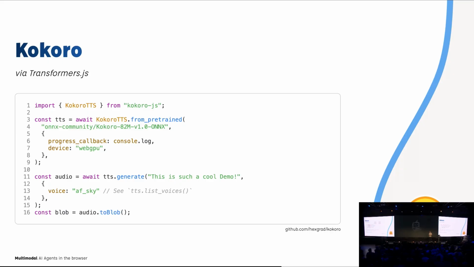Kokoro.js is a library that was written by Joshua, so it is a small abstraction on top of Transformers.js. The API looks very, very similar to Transformers.js. And here I have this tts.generate. It accepts a text. I can also specify a voice, so there's a list of voices that Kokoro can use, and it will then return the audio back.